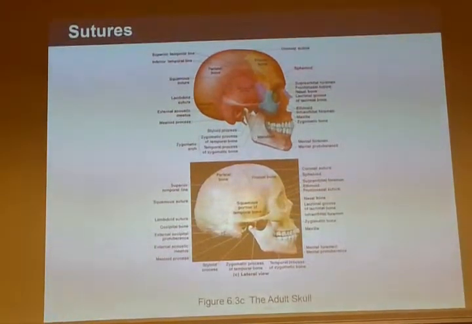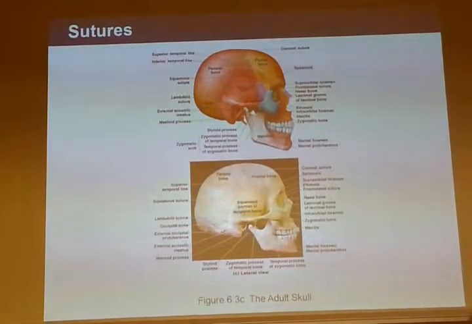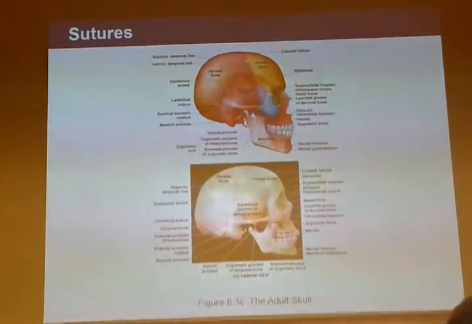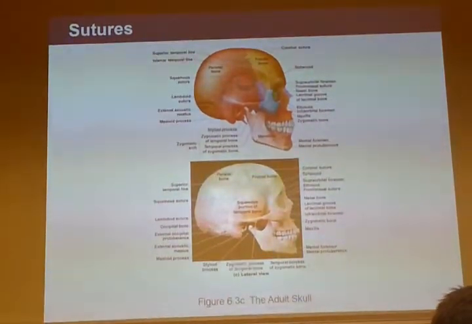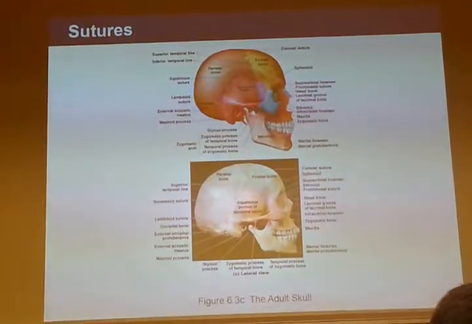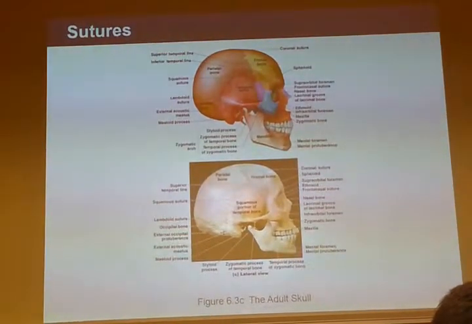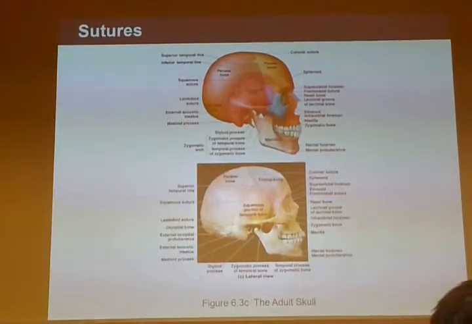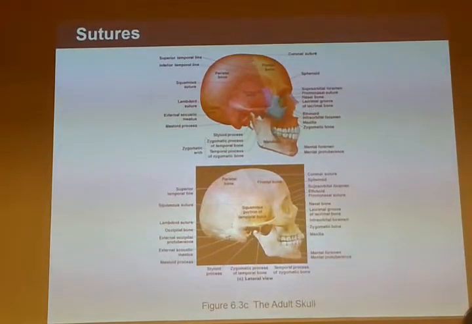And then number two, you name the bone that has the process. If you know these rules, you can name any process in the head. So name the direction or the bone that it's going towards, and then name the bone that it's coming from. Okay, so think about that, and then we'll practice after the break.